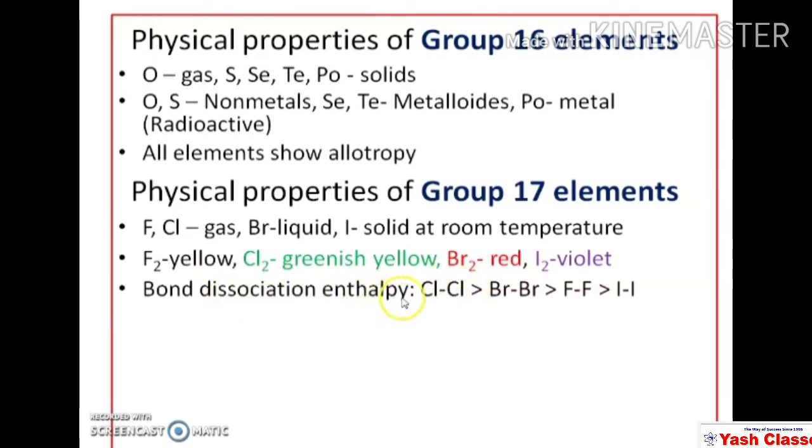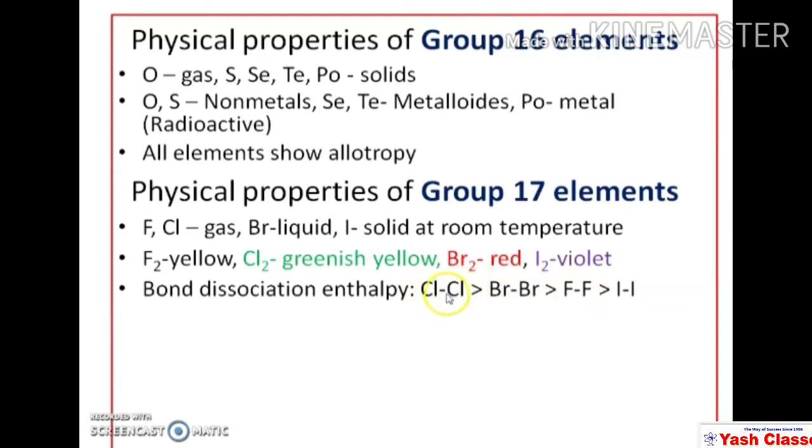It is highest for chlorine and it decreases from chlorine to bromine to fluorine, and then it is least for iodine. So actually fluorine should have higher bond dissociation enthalpy, but unexpectedly it has lower bond dissociation energy than bromine and chlorine.